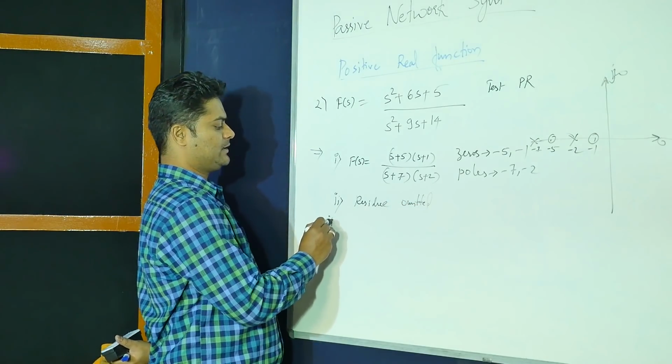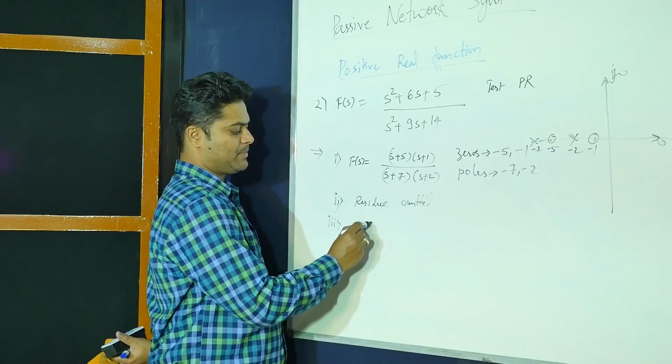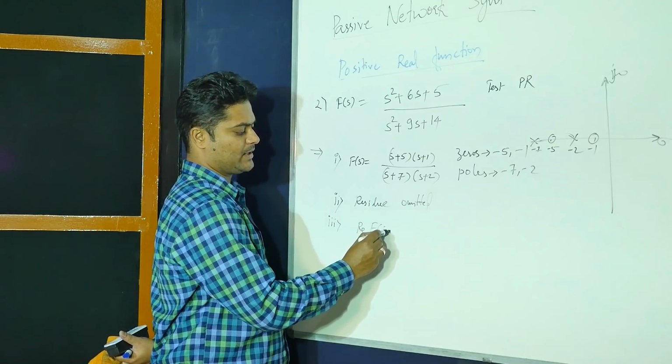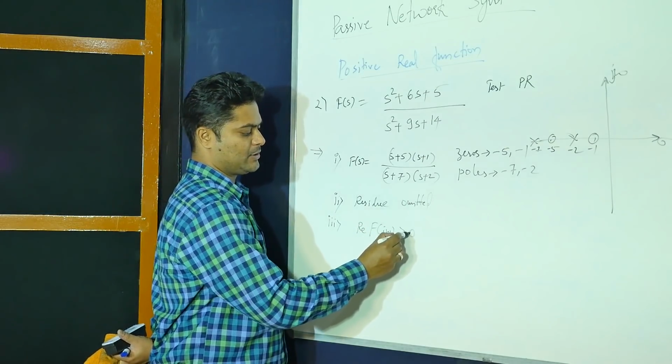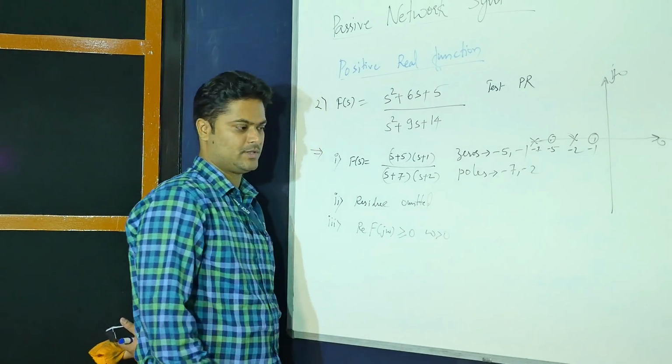The third test is to find whether the real part of f of j omega is greater than or equal to 0 for omega greater than or equal to 0.